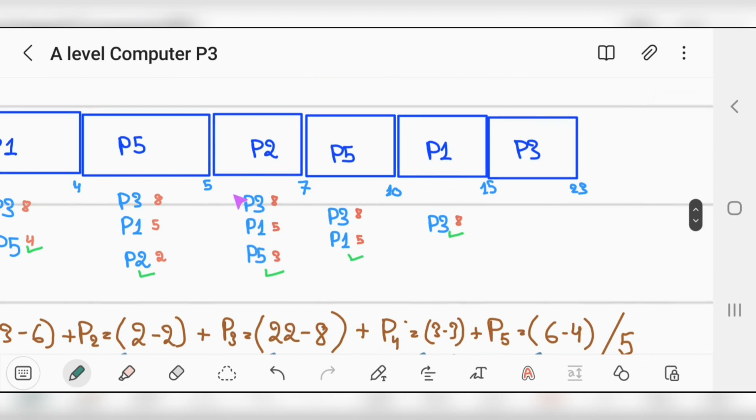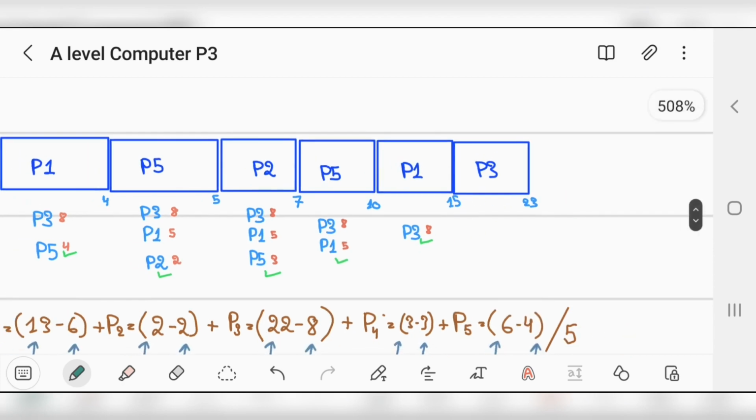After executing this completely, P5 will come while it is executing. P5 completes its execution, P1 will come and complete execution, then P3 will come and complete execution. So this is how it works.